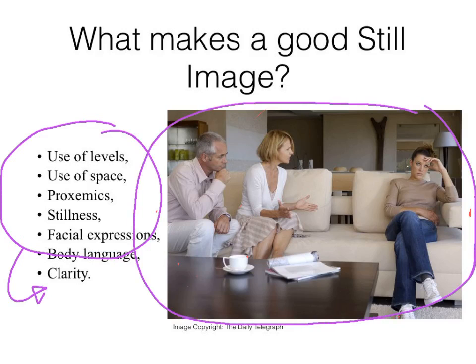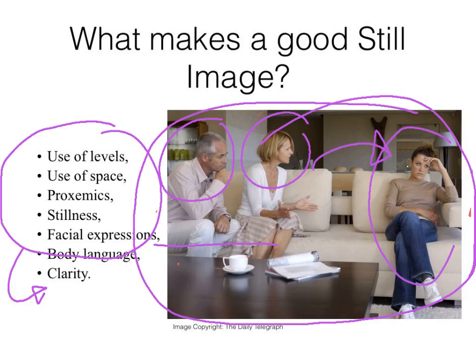Are they in fact communicating that these are two parents, one concerned, one angry with their teenage daughter, who perhaps has done something wrong, but who also perhaps seems to suggest that she gets told off quite a lot, or that perhaps she's not listening, or perhaps that she disagrees with what they are saying. So it's all about how you can use all these keywords to communicate to an audience in a clear fashion.